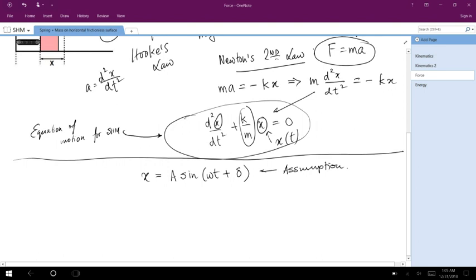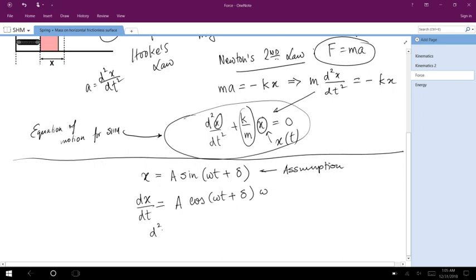solve this differential equation. In order to check whether this solves the differential equation, let's take the time derivative of x with respect to t twice. So the first time derivative dx dt would look like a times the derivative of sine, which is cosine omega t plus delta, but there's an omega t inside, so we will get an omega.